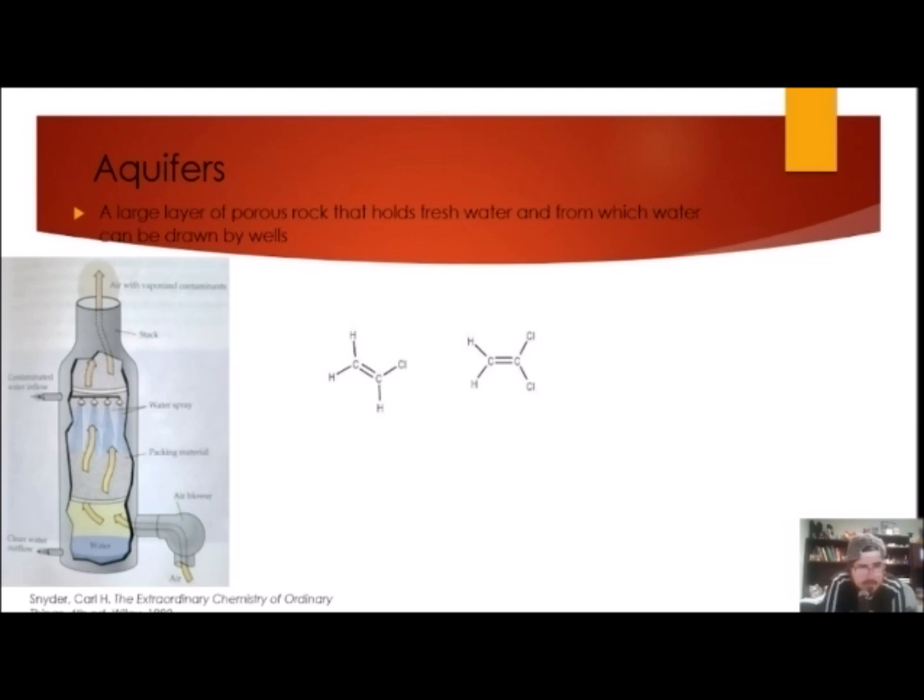And so they evaporate out the top, going with the air. The water more or less sinks to the bottom, largely purified. While it wasn't perfect, it lowered the concentration of the vinyl chloride from 21 parts per billion to 0.03 parts per billion. And it lowered the vinylidene chloride from 5 parts per billion to 0.02 parts per billion, thus cleaning them up largely.